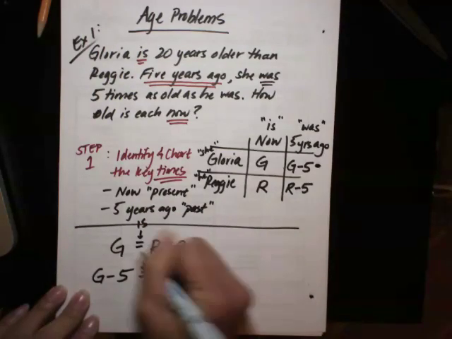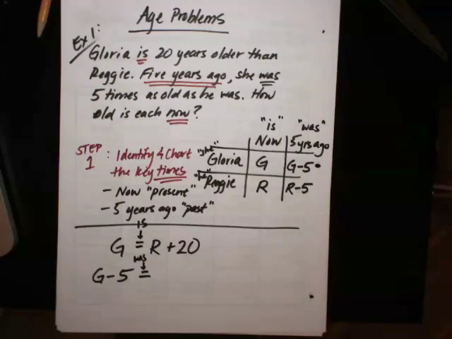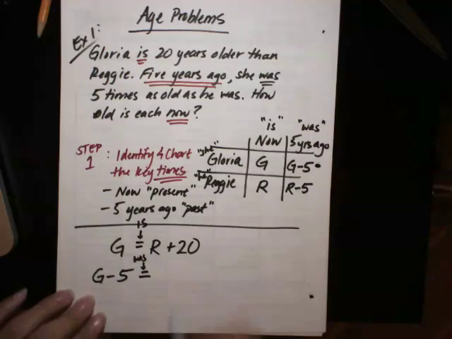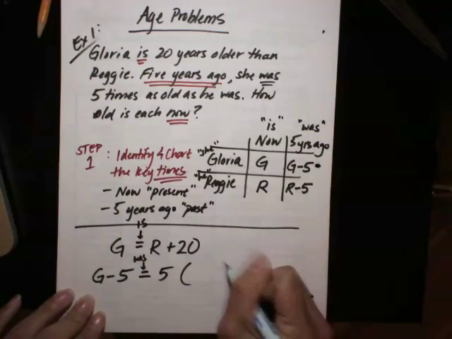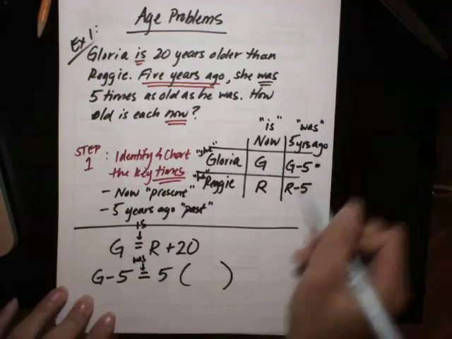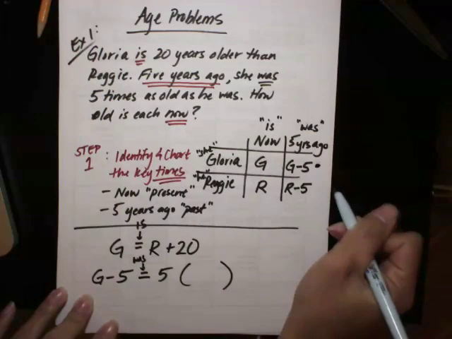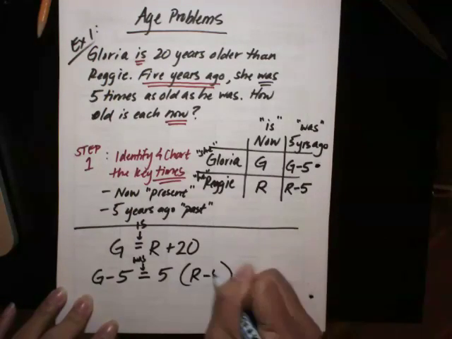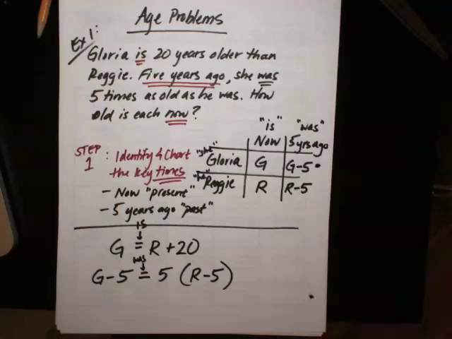Well, was is just the past tense of is, so it also represents equals. So 5 years ago, Gloria was 5 times as old as he was. He is Reggie, and 5 years ago was this value here, R minus 5. So I'm going to substitute that into our equation.